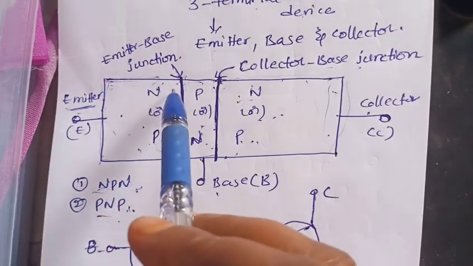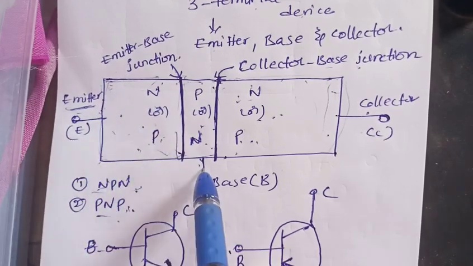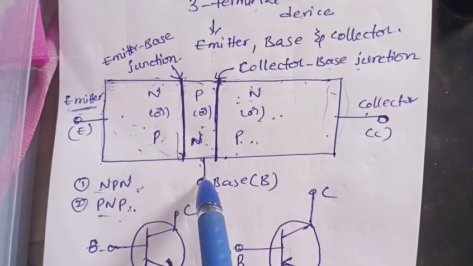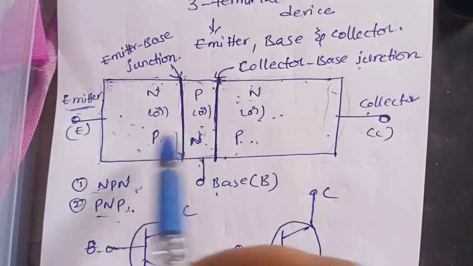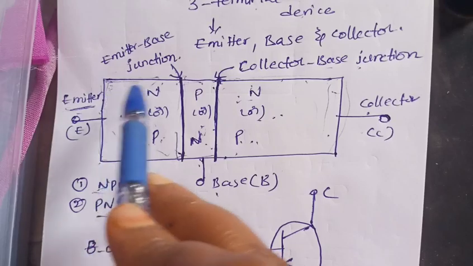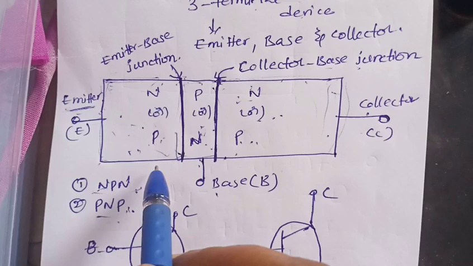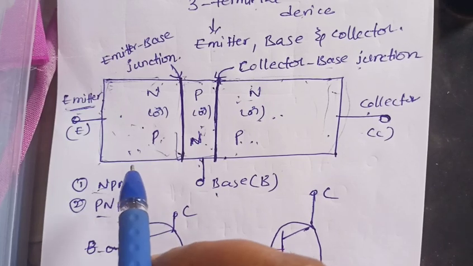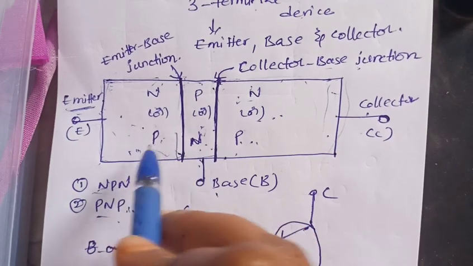The emitter is always forward biased with respect to the base to supply majority charge carriers. As the emitter is heavily doped, it can inject a large number of charge carriers, that are majority carriers, into the base.